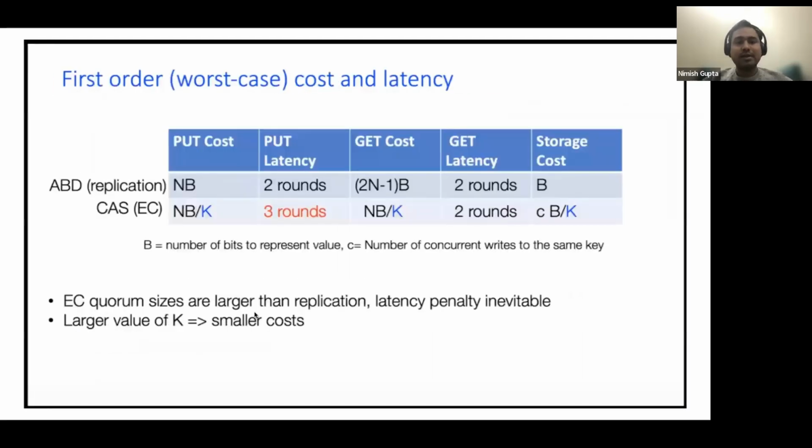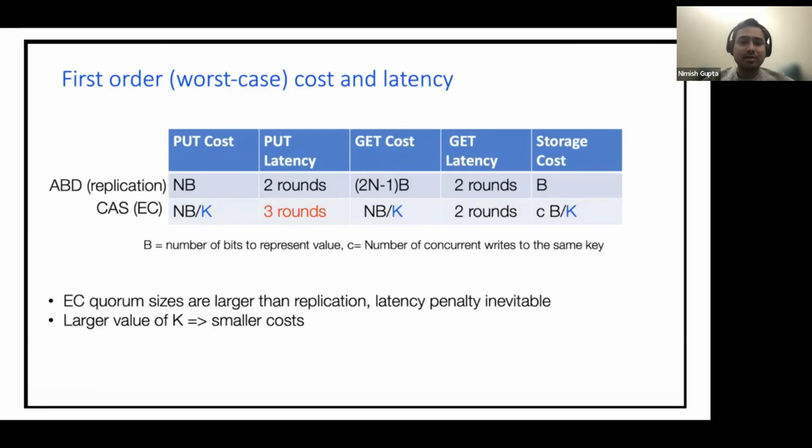Just comparing these algorithms at a high level. With ABD and CAS, as K increases, the CAS cost decreases. However, there is an additional round for put, and the quorum sizes are larger in CAS because it requires K nodes.